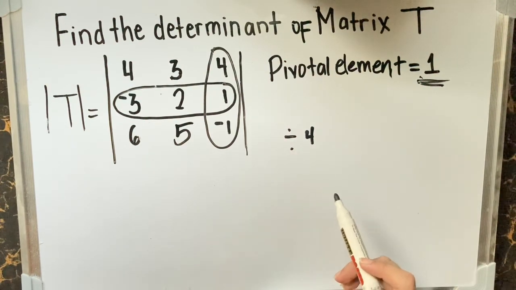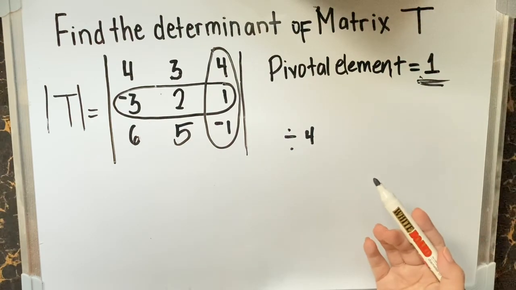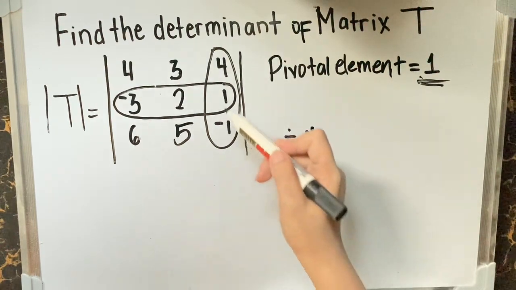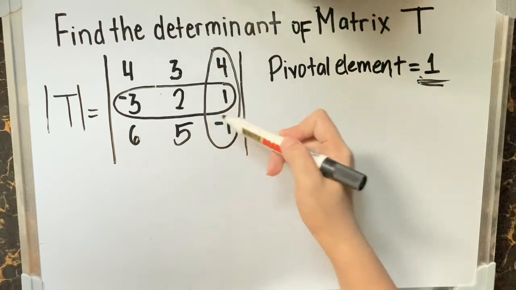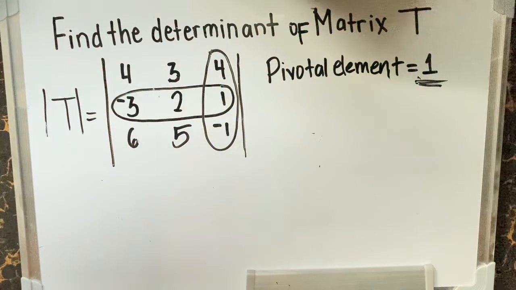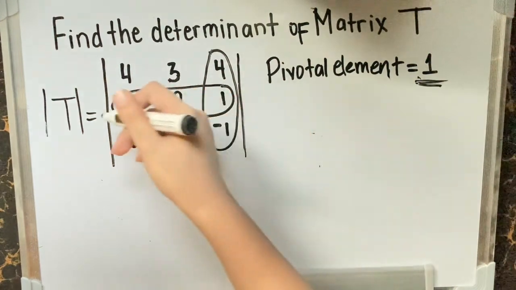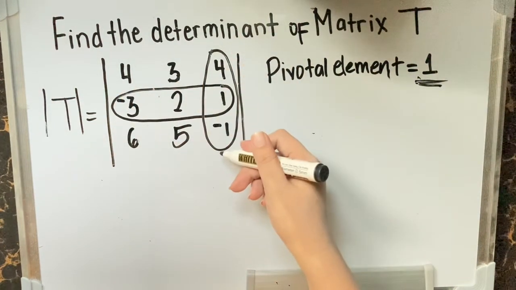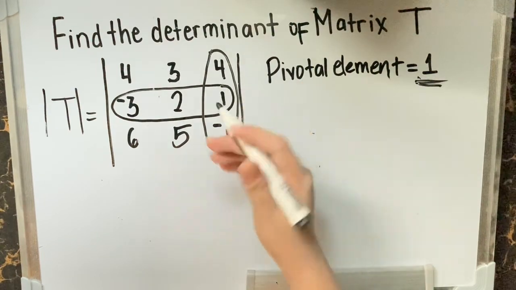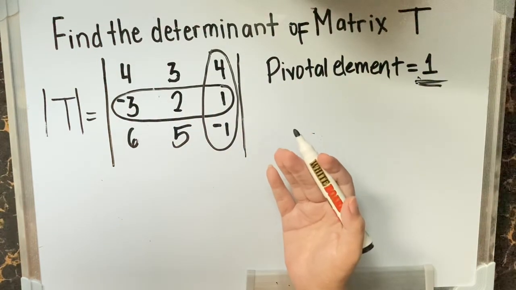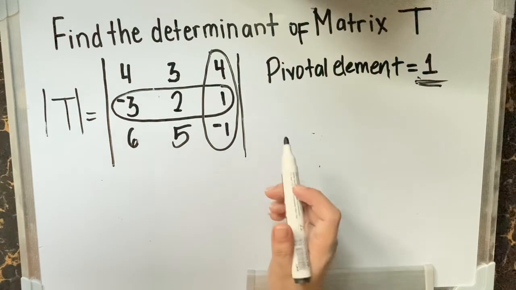But since the example given has an element 1, we are going to use this as our pivotal element. So dito, iikot yung solution natin. Since namarkahan na natin ang ating row at column kung saan located ang ating pivotal element or pivot point, from 3 by 3 determinant, naging na siyang 2 by 2 determinant.